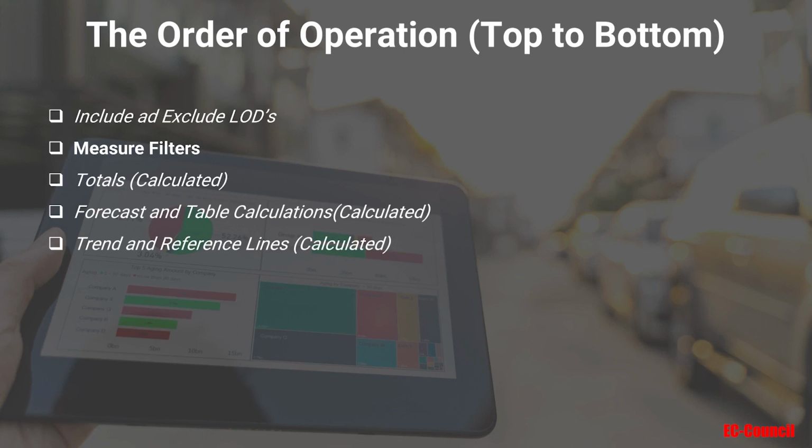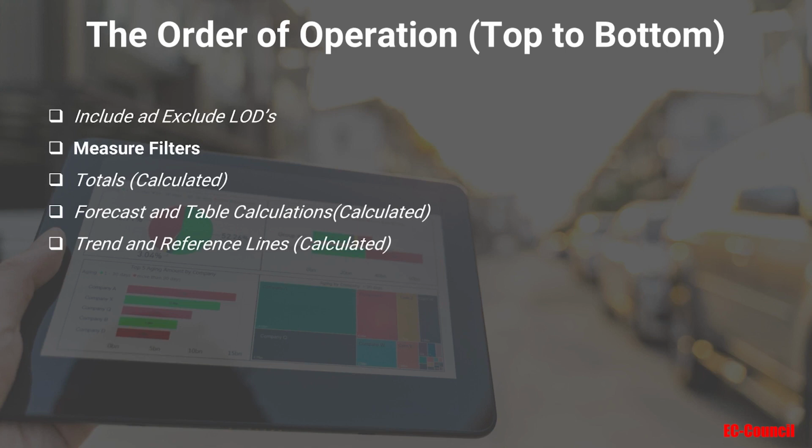Any dimension, may it be used in the view or not, can be utilized as a dimension filter to filter your data in the view. These filters act in cascade to all the filters that are discussed so far.